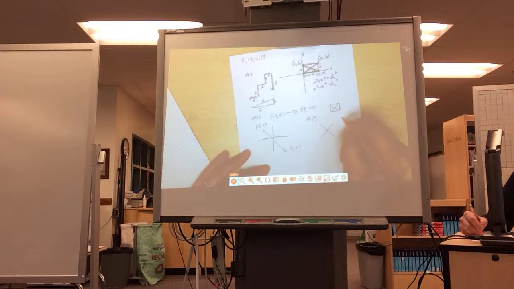I don't have anything good to write with graph paper. But let's see. If we did something like this, we've got to make a better one.